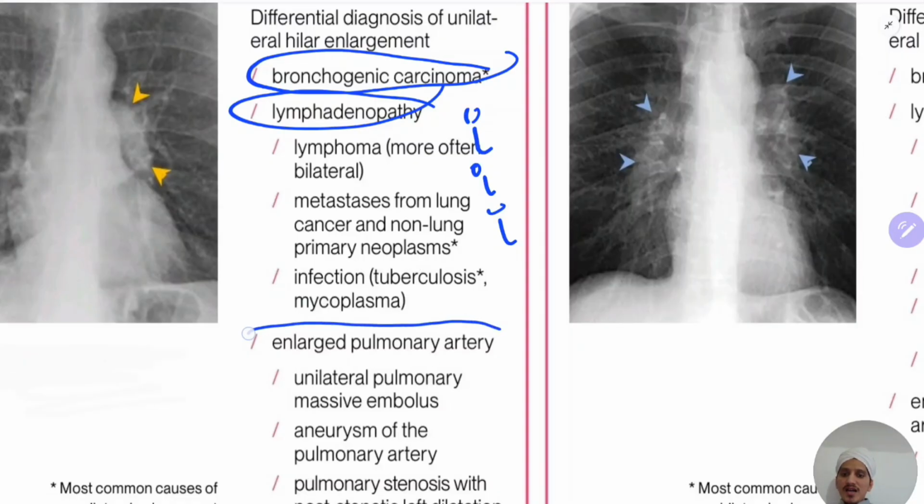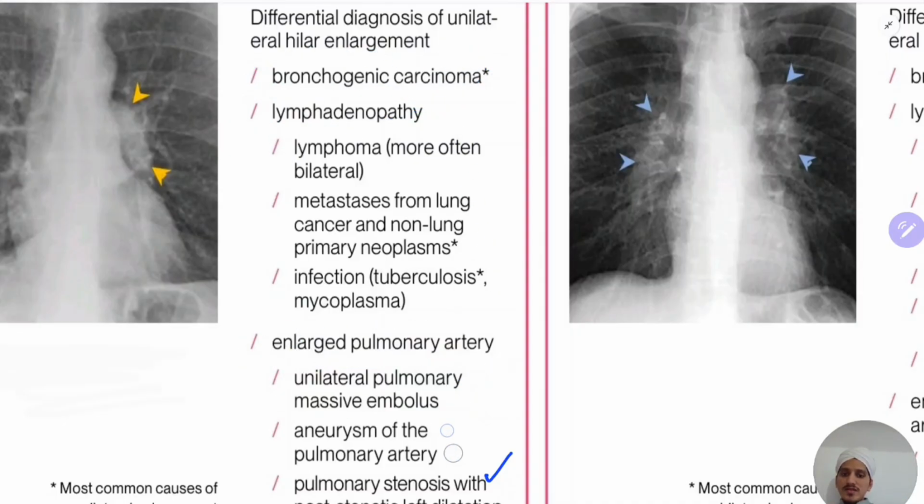The third one is an enlarged pulmonary artery, due to unilateral massive pulmonary embolus, aneurysm of the pulmonary artery, or pulmonary stenosis with post-stenotic dilation. So these are the causes of unilateral hilar enlargement. One more time: bronchogenic carcinoma, lymphadenopathy due to the three I's, and enlarged pulmonary artery.